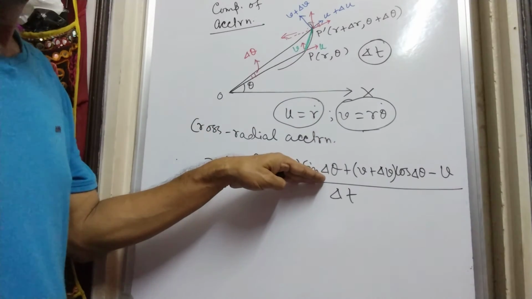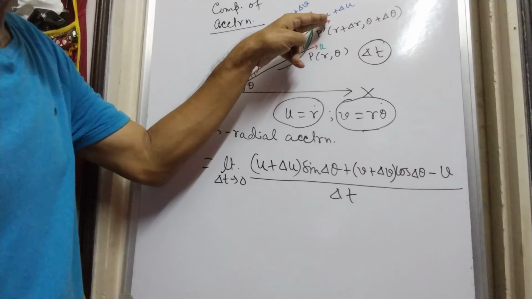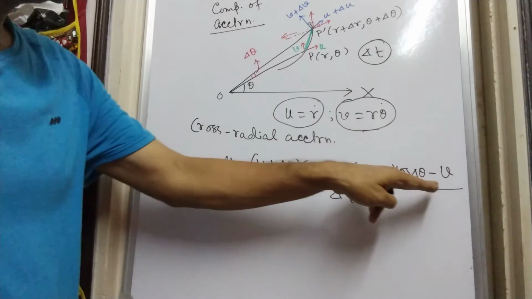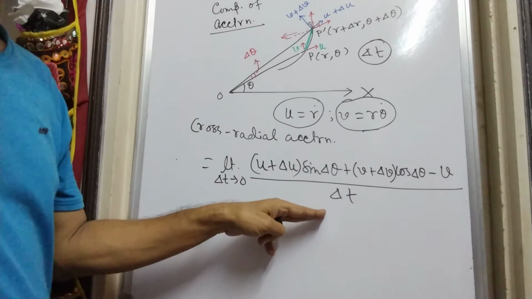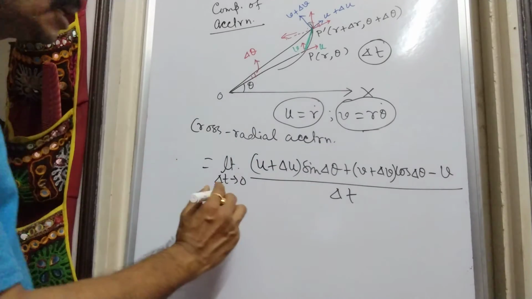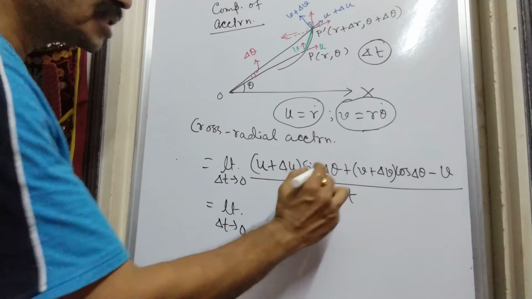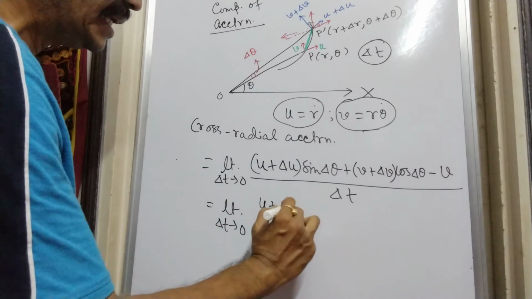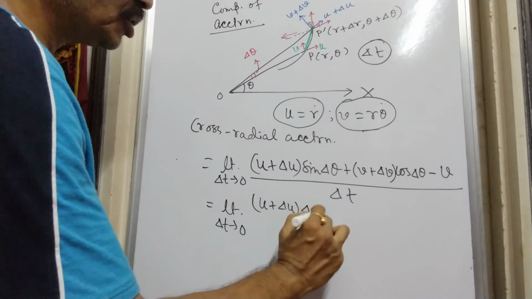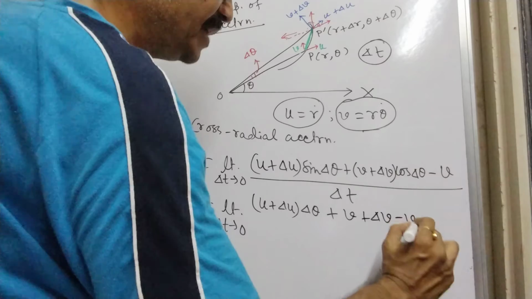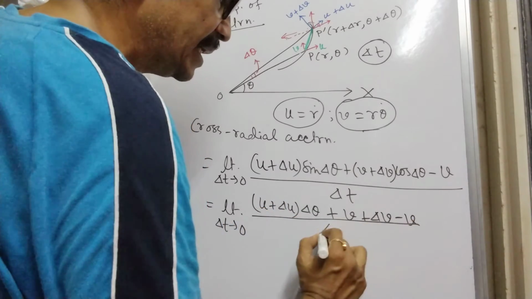So this is the expression for cross radial acceleration. Velocity along the perpendicular direction, the component is u plus delta u sine delta theta, v plus delta v cos delta theta, and the previous velocity was v. We subtract it, so this is the change in delta t. Now let us see what it becomes. As delta t tends to 0, we again substitute sine delta theta by delta theta and cos delta theta by 1, and this becomes v plus delta v minus v by delta t.